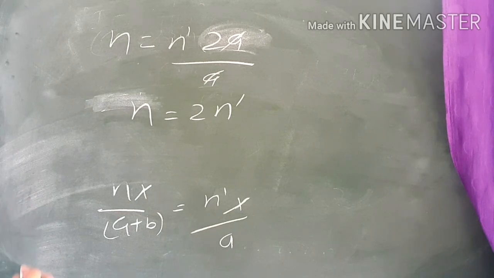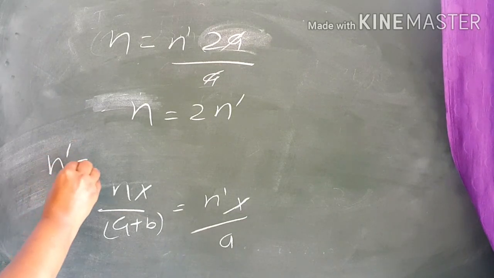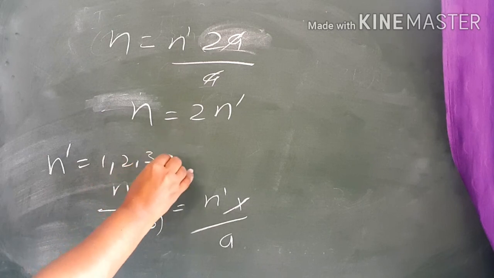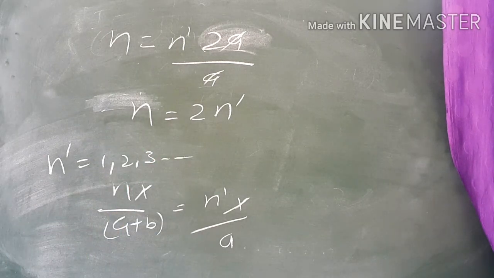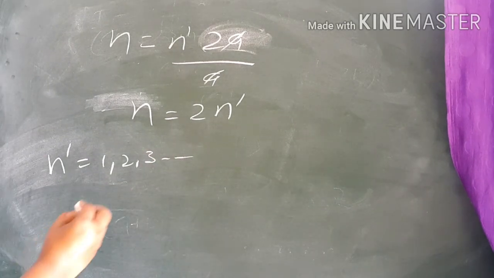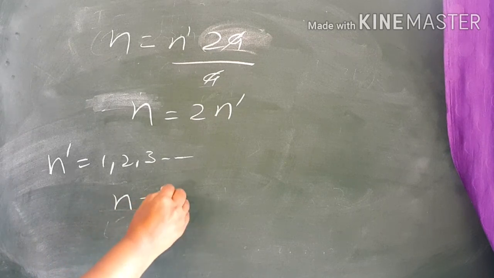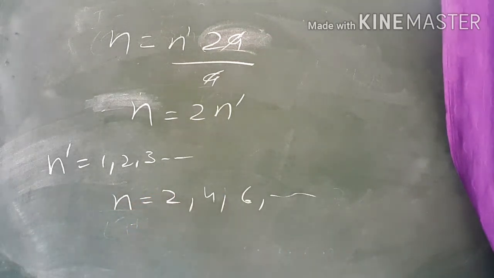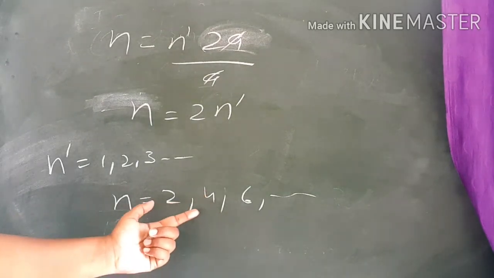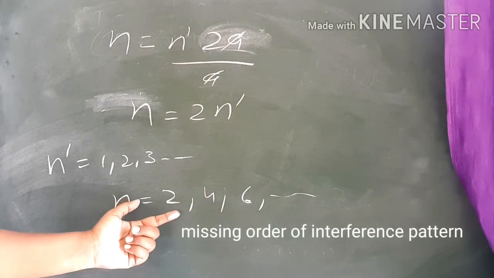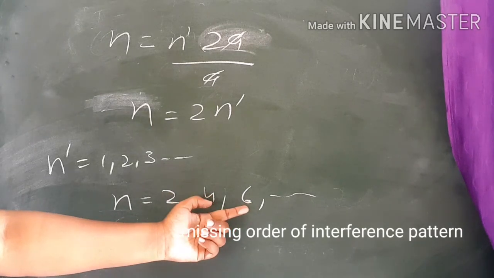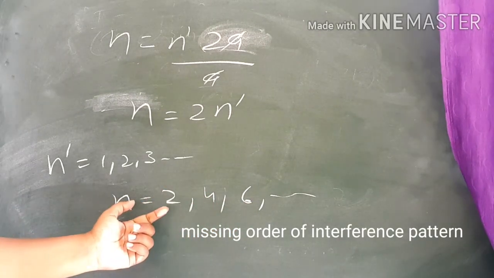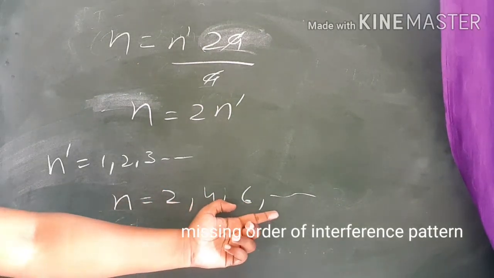For the values of n dash equal to 1, 2, 3 and so on, we have n equal to 2, 4, 6 and so on. These orders of interference maxima are missing from the pattern. From the intensity, these maxima are missing.